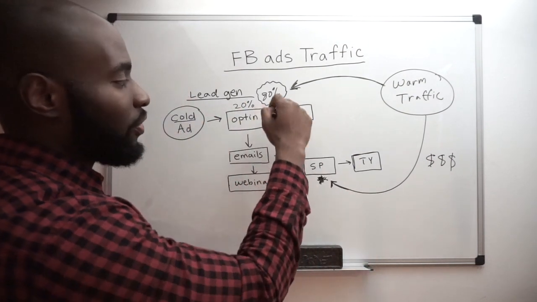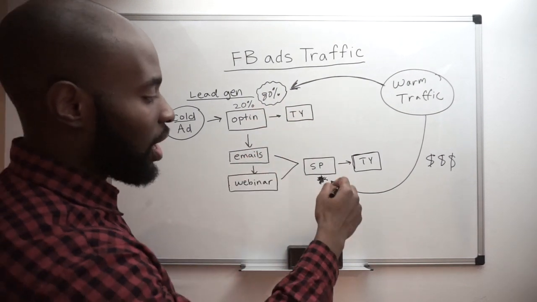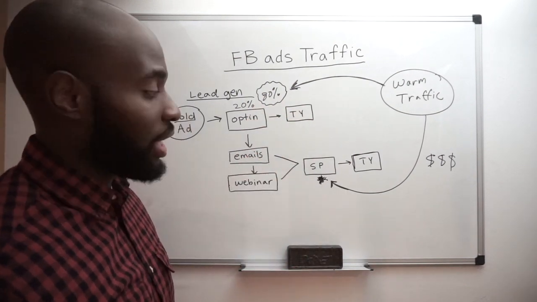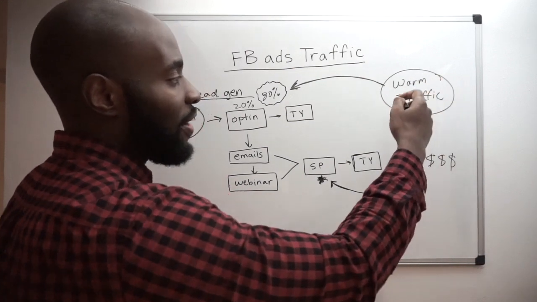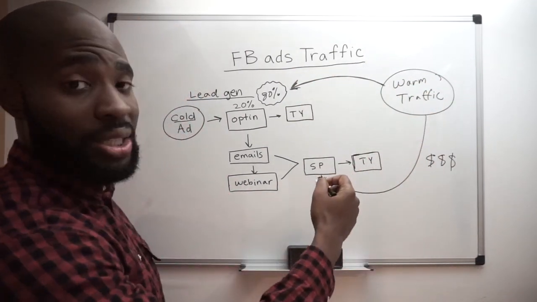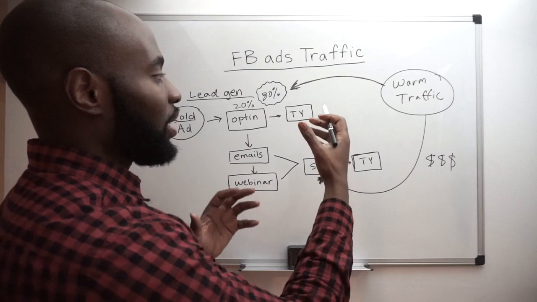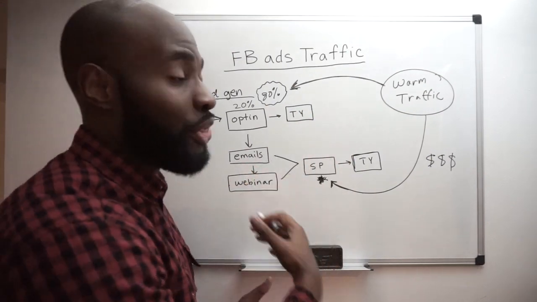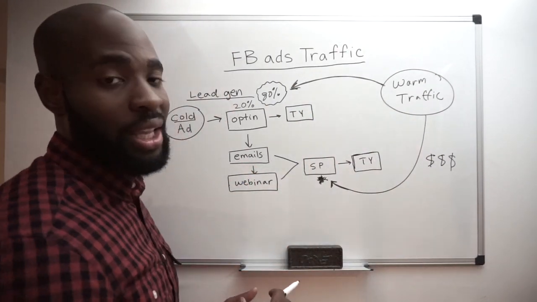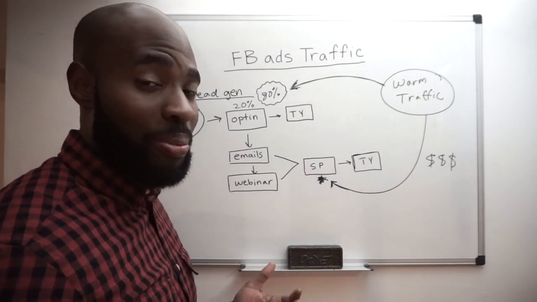People could fall out from not opting in. People can fall out from not buying on the sales page. So the warm traffic serves as almost a plug, so to speak, to collect those people that fell through the funnel and throw them back in there to increase the chances of them buying our product or service.